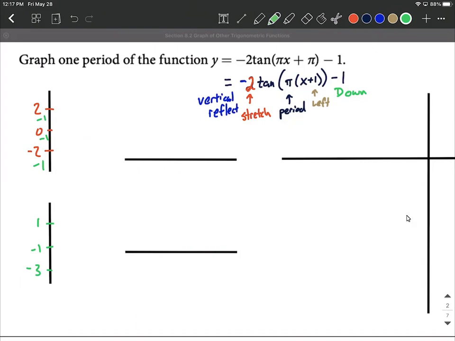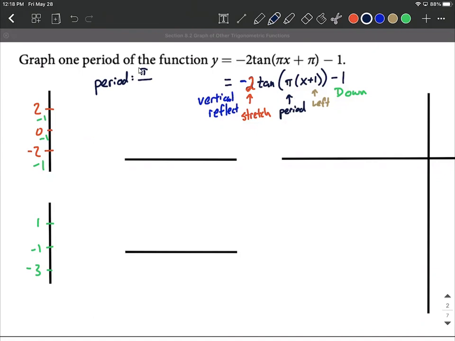Next, I would work with our period. The period has been affected because we have this pi on the inside. That's going to change our period. The period normally starts out, for tangent, at pi. That's different than sine and cosine, which are normally 2 pi for their period.